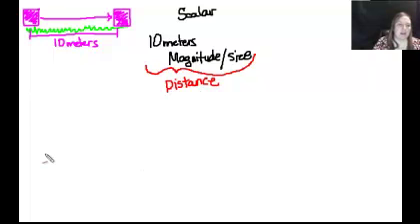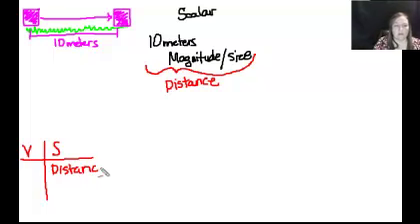So we know then that if we were to make a table here of vector quantities and scalar quantities, distance would fall under scalar quantities. All right?